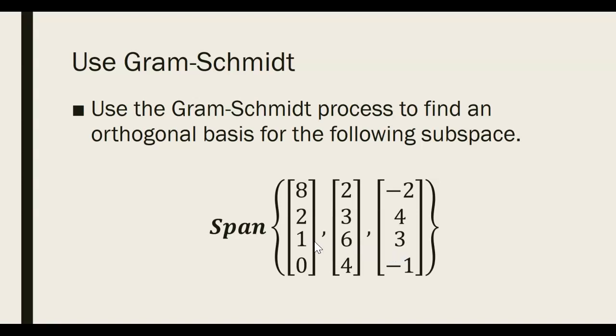Go back and use your previous work when we found the orthogonal basis for 8, 2, 1, 0 and 2, 3, 6, 4. By the way, use the one which has the nice numbers. Don't use the one with the ugly fractions. Use the one with the nice numbers and go ahead and find an orthogonal basis for this span. Push pause on the video and do that.